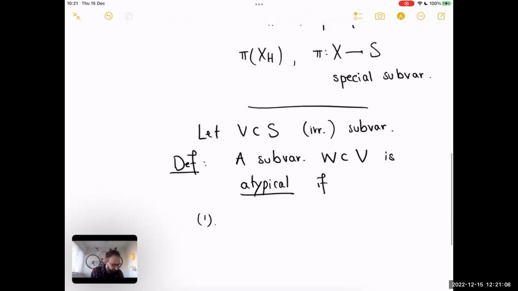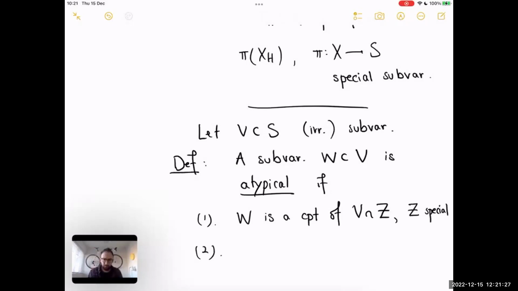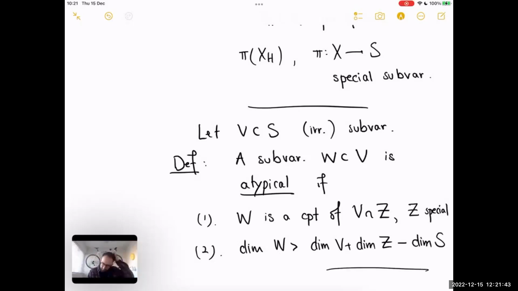One, W should be a component of an intersection of V with a special subvariety Z. But moreover, the dimension of W should be larger than you might ordinarily expect. That is, the dimension of W is greater than the dimension of V plus the dimension of Z minus the dimension of S. In normal circumstances, this would be the expected dimension, and for atypical, this goes up.